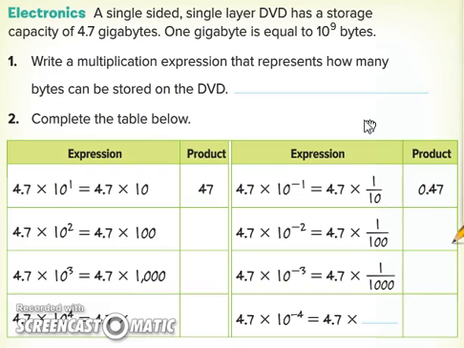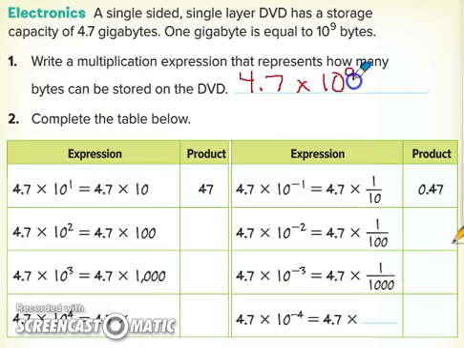But if we're actually wanting to show some sort of expression that represents how many bytes can be stored on the DVD, if we were to write a multiplication expression with that, it would look something like this. We would take 4.7 and multiply it by 10 to the 9th.